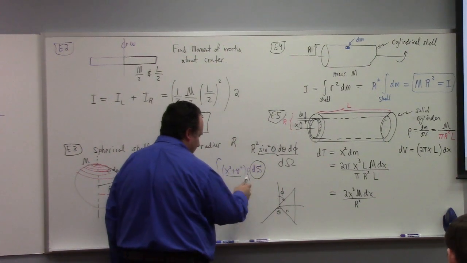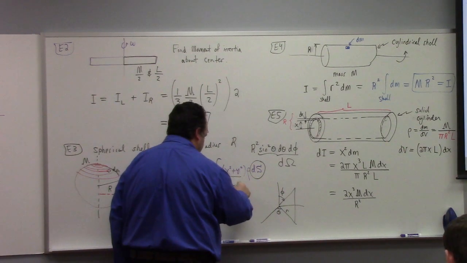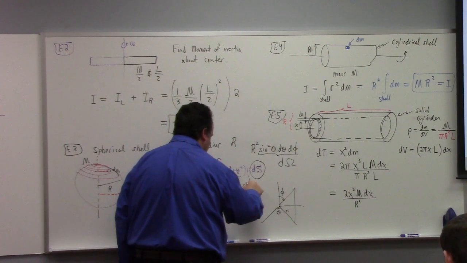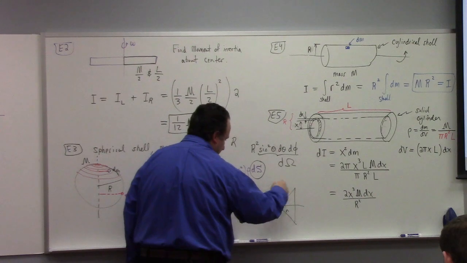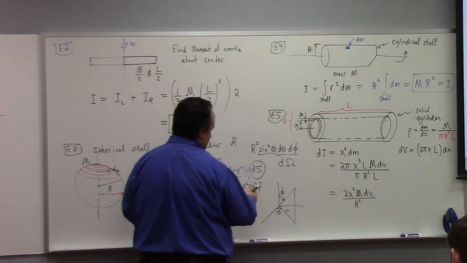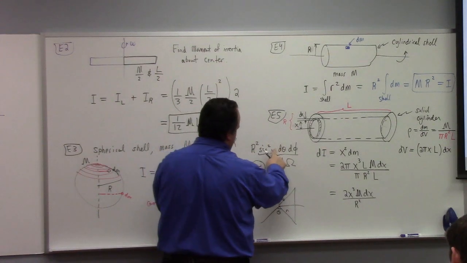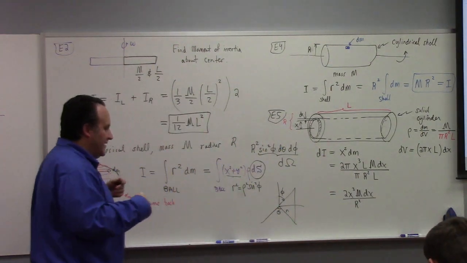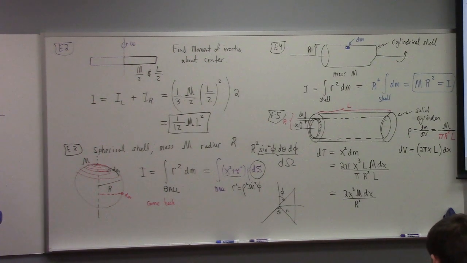I think x squared plus y squared is r squared, but r squared you can also write as rho squared sine squared phi. I think this is supposed to be a phi as well. When you put this all together, you end up integrating sine cubed phi in order to get it.